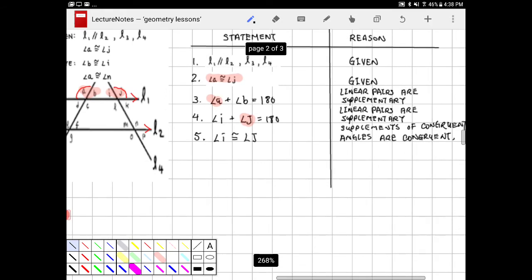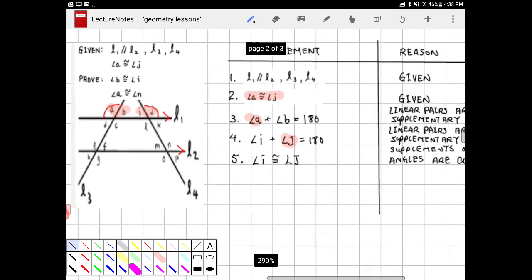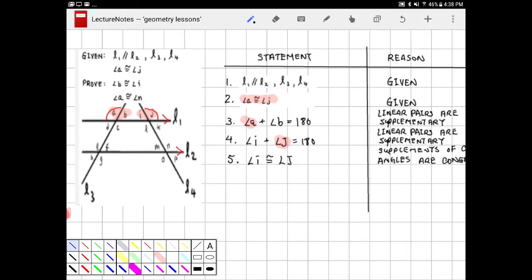All right, so that's that part of the proof. I know that angle I and angle J are going to be congruent because supplements of congruent angles are congruent.